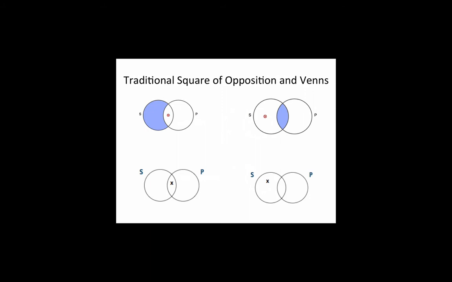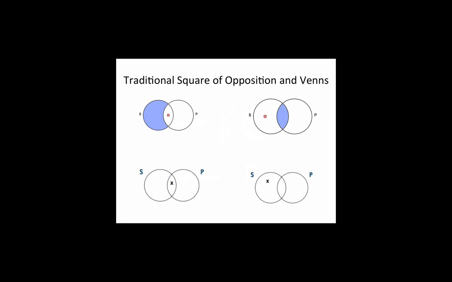If the O claim is true, if there is one member of the S class that's outside of P, then the A claim diagonally to your upper left can't be true. And the same also with your I and your E. So the diagrams help us understand how it is that contradictories work.